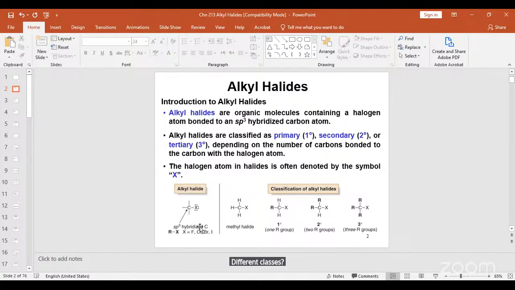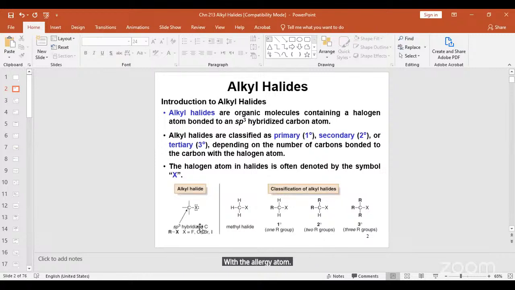of the alkyl halides, which can be primary, secondary, or tertiary, depending on the number of carbon atoms bonded to the carbon with the halogen atom.